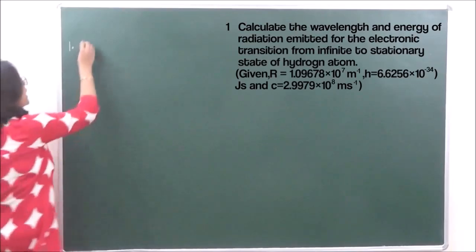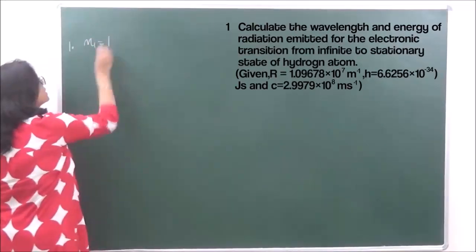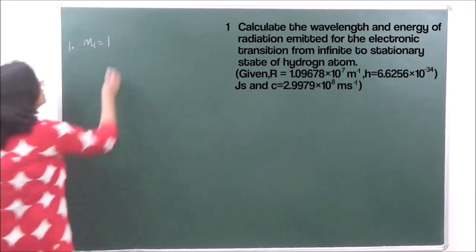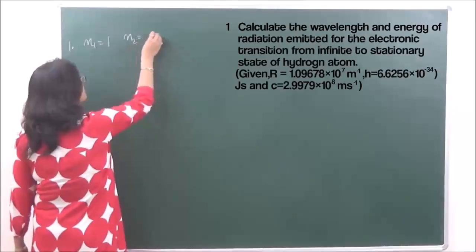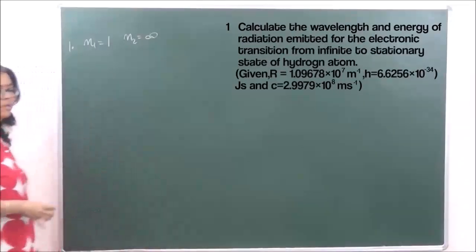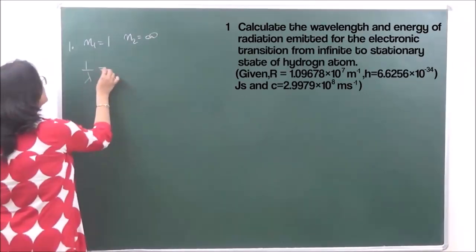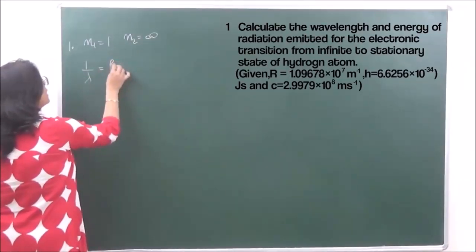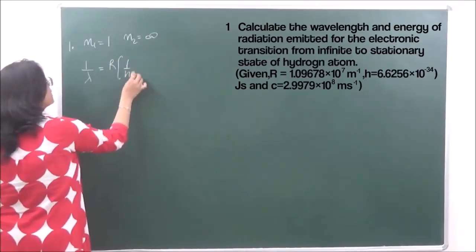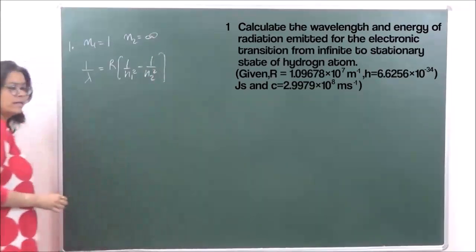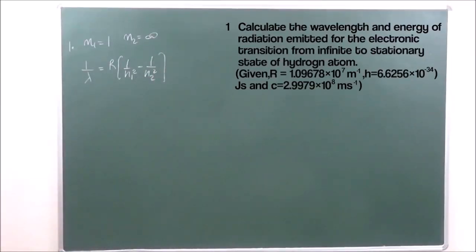So over here n1 for hydrogen is equal to 1, that is the stationary state, and n2 will be equal to infinity. So we apply the formula 1 upon lambda is equal to R into 1 upon n1 square minus 1 upon n2 square. This is the formula. The value of R is also given to you.